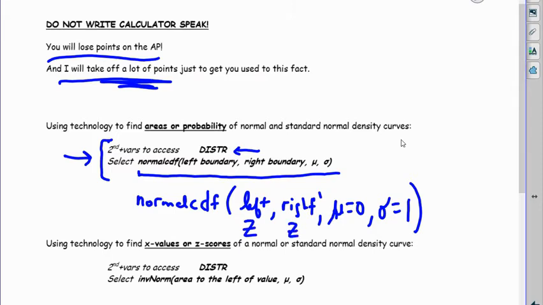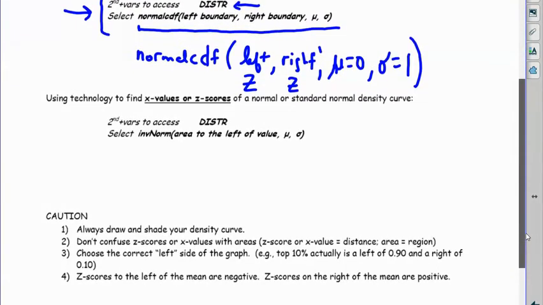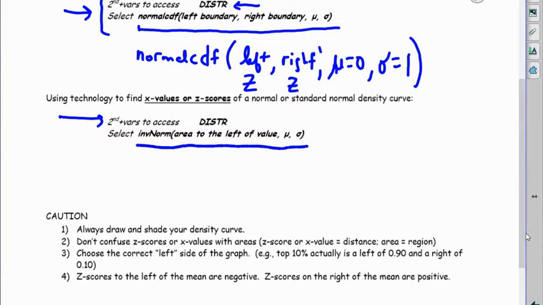And then if you were trying to use this to get a z-score or get a value, there's the inverse command to normal CDF. The inverse of finding an area is finding those cutoff values, and that is again under distribution in your calculator, and it's called inverse normal, and you give the area to the left of the value and the mean and the standard deviation.